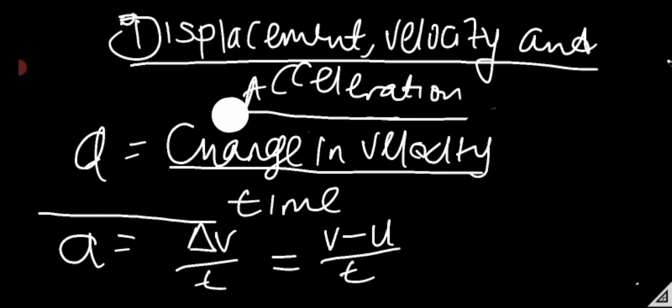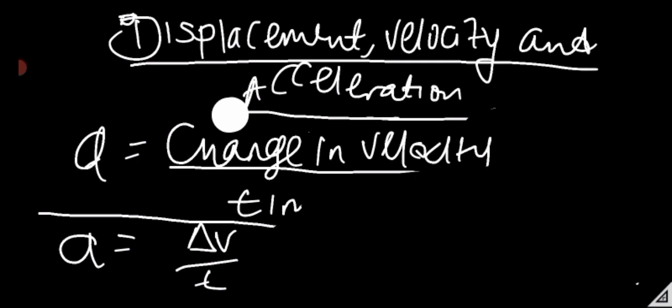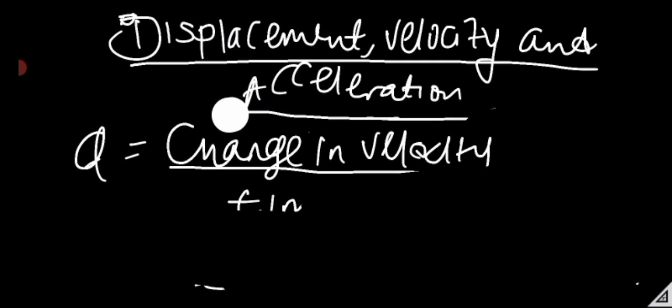The formula you should note here, let me just rewrite it so that you get it clear. It's on your screen, but the first formula to note here is A is equal to change in velocity over time.